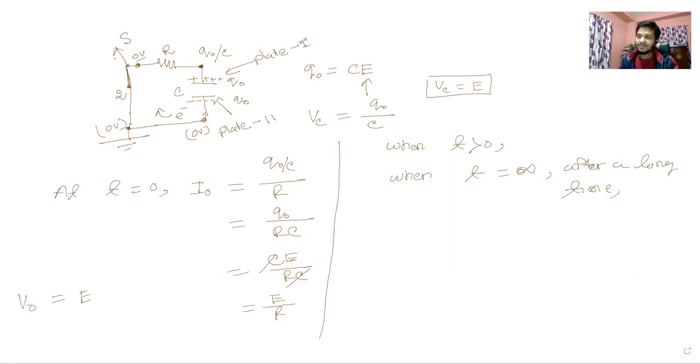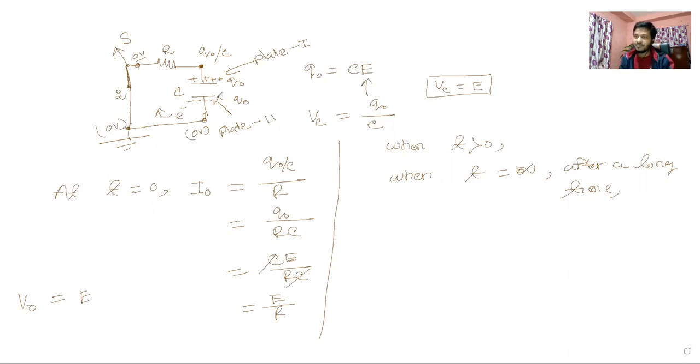It means there will be no negative charge on plate 2 and no positive charge on plate 1. So both plate 1 and plate 2 will be neutral, isn't it?